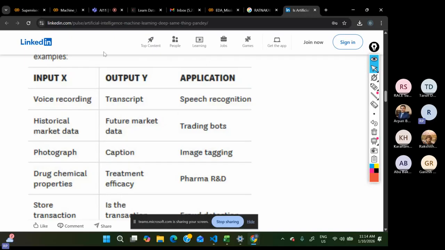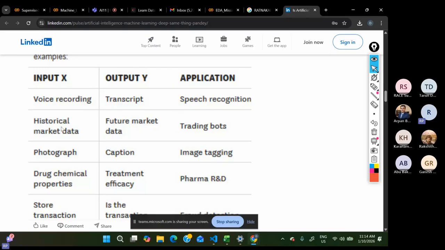In this case, for example, I have given the voice recording as the input, and I have given the transcript as the output. My model will now be able to do speech recognition, because I've given it hundreds and thousands or even millions of observations of voice recording, and I've also transcribed those voices into transcripts. The model has learned that if I'm talking this way, this is how it should be transcribed. And that's the speech recognition.